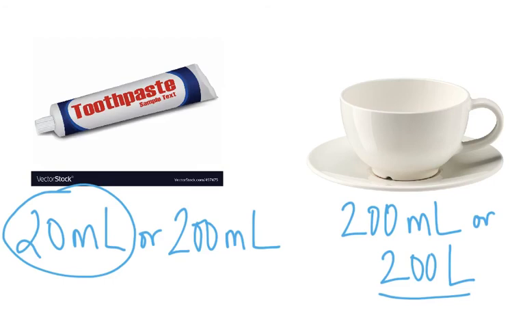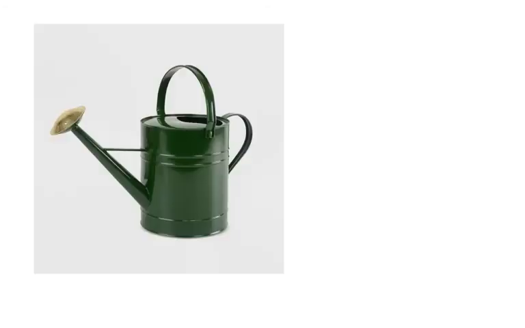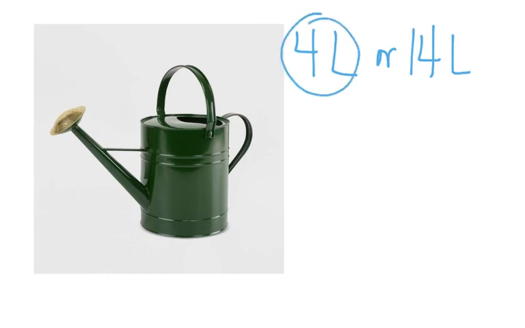Again, that's a lot of liquid right there. 200 liters would be a ton. So let's go ahead and circle 200 milliliters. And then finally, this watering can, do you think it could hold 4 liters or 14 liters? That one's a little closer, trying to think about how many of those water bottles I could pour inside there. 14 is a bit much, so 4 liters is the correct answer.